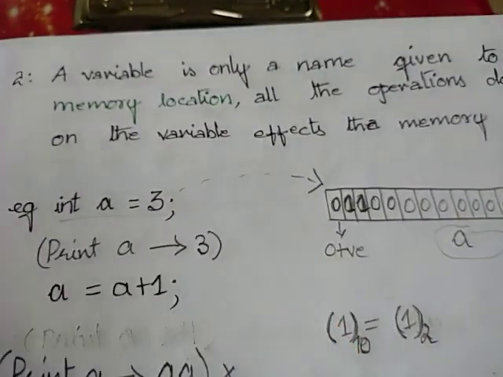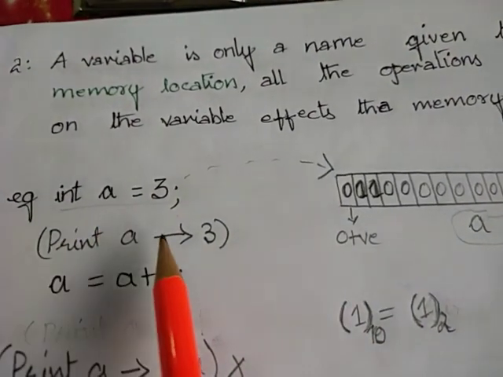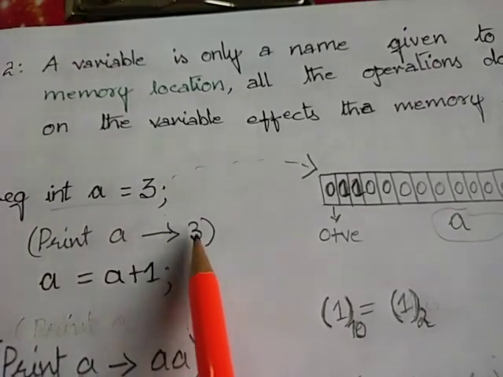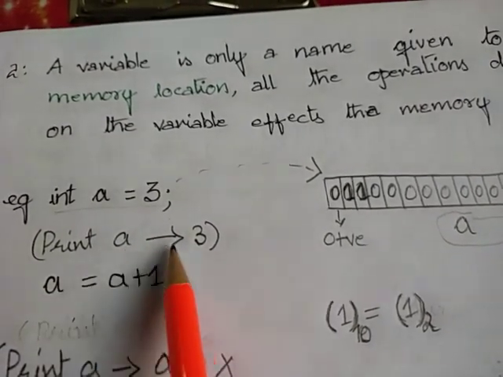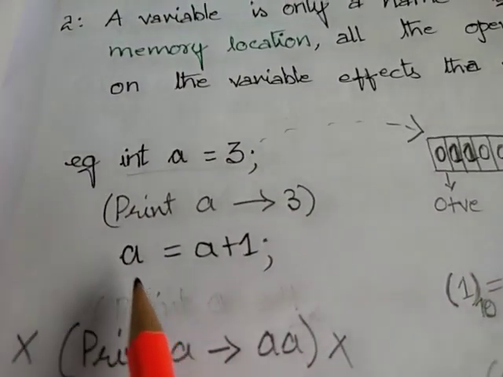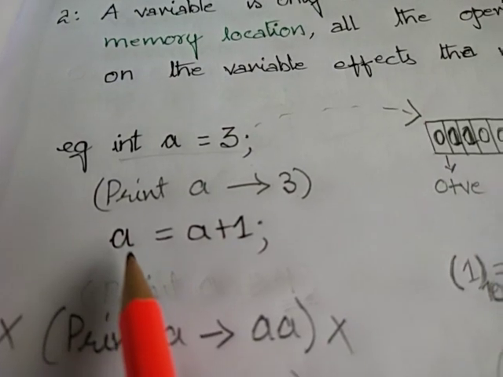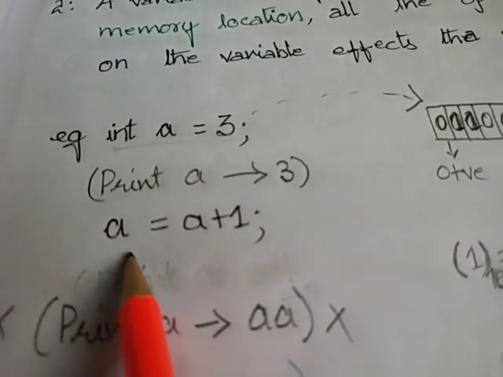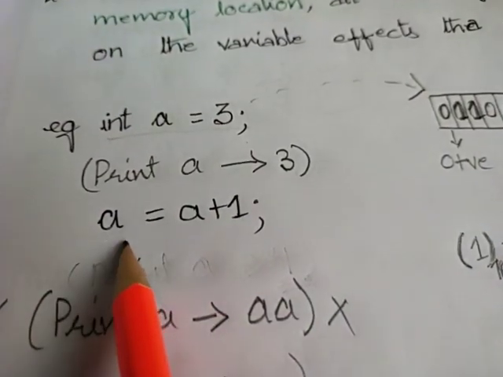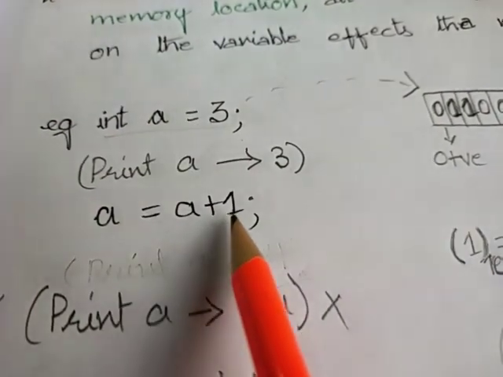So next, suppose you print the value of A, it will print what? 3. That means the value that you store in A is 3. Next, suppose in the next line, you mention that you want to increase A by 1, or A is equal to A plus 1.